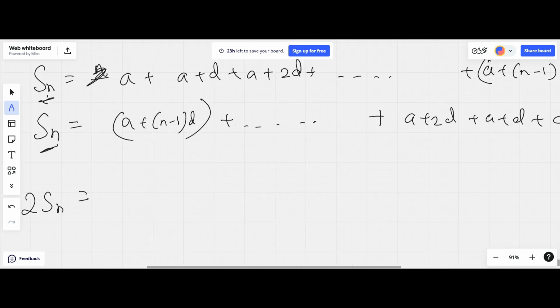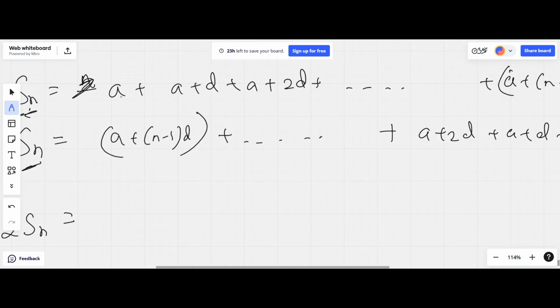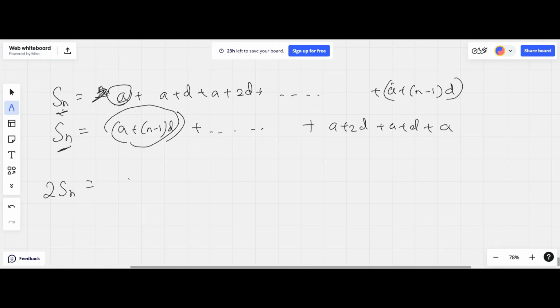Now look here. What is here? a. What is here? a. So a plus this, a plus n minus 1 d. If the first term is a plus n minus 1 d, then here we can write a plus n minus 2 d.